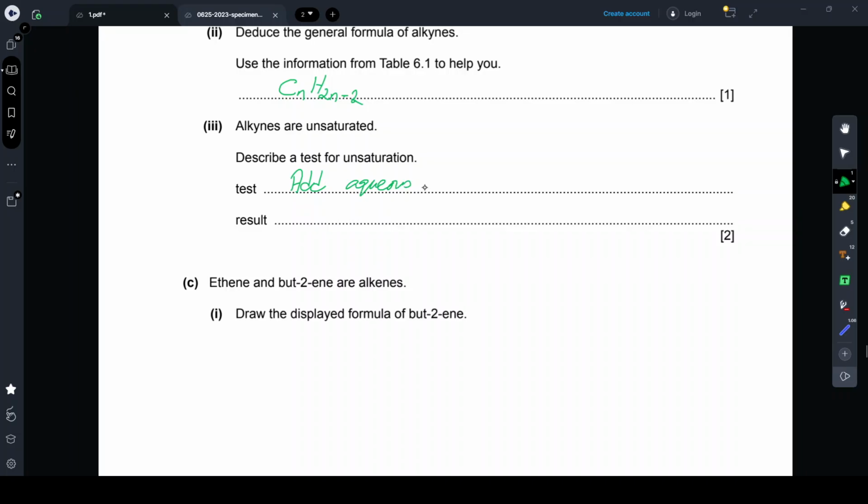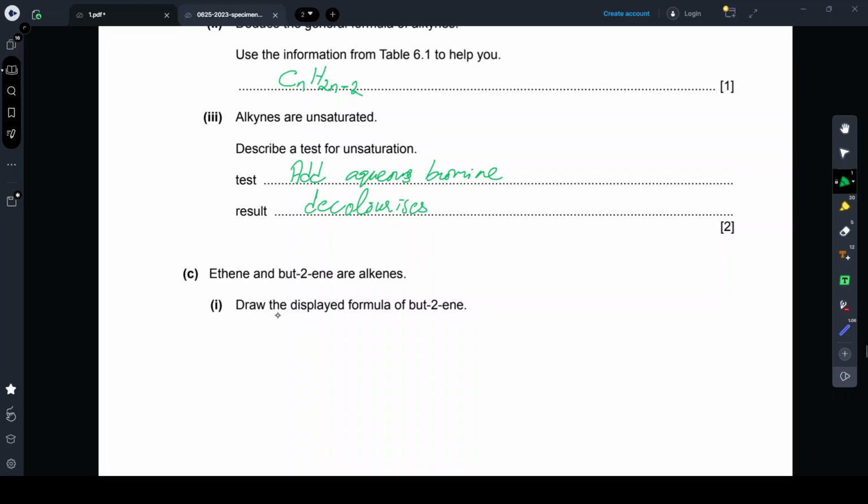The orange or brown bromine will decolorize. The color. Decolorize. Okay.